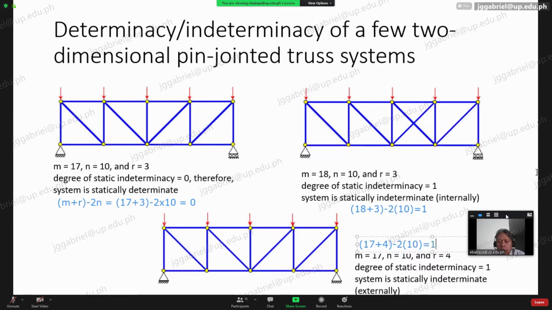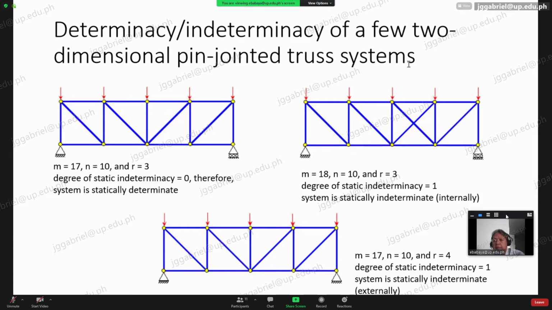So this is equal to 1. And therefore, we have an excess of 1. So that's the measure of the static indeterminacy. This time it's external, okay? It's externally statically indeterminate because the excess is in the support. Okay? Any question?